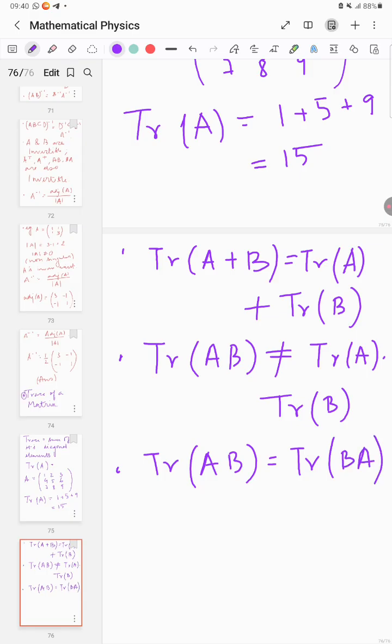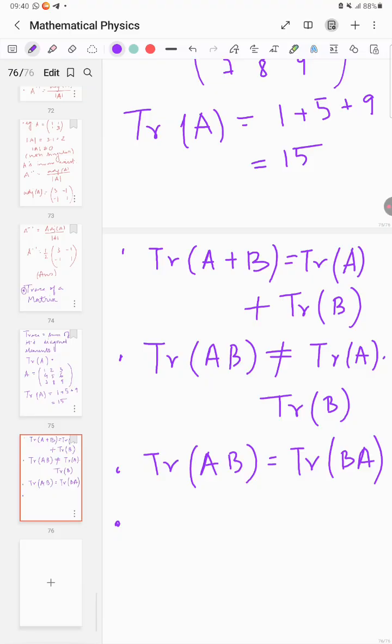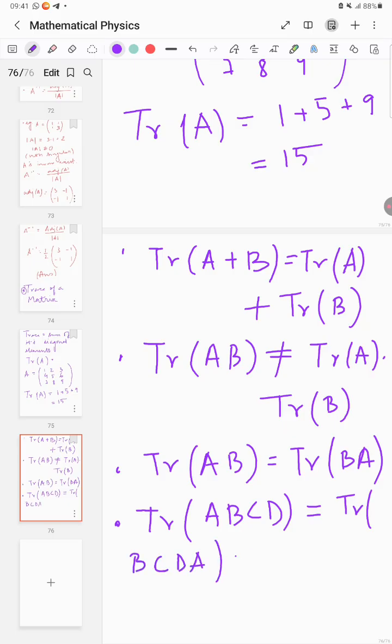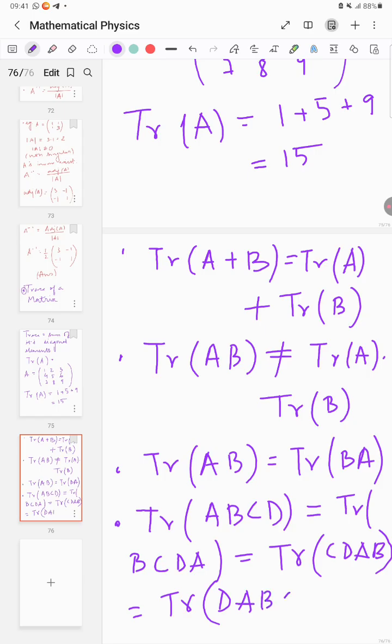Alright. Coming to the next property, property number 4 says that trace of ABCD is equal to trace of BCDA, is equal to trace of CDAB, is equal to trace of DABC.